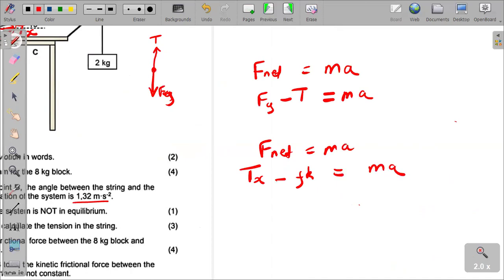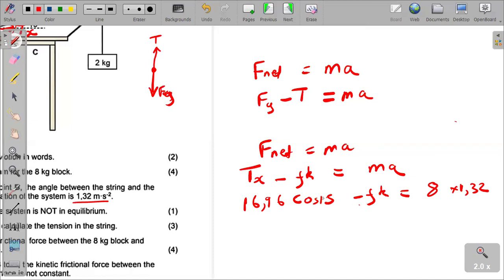Right, so we have calculated tension, we got 16.96. So we are going to say Tx is now given by T cos theta. So it means 16.96 cos 15. That's our Tx. Minus Fk that we are looking for is equal to m, the mass of the 8 kg block. That's 8 multiplied by 1.32.